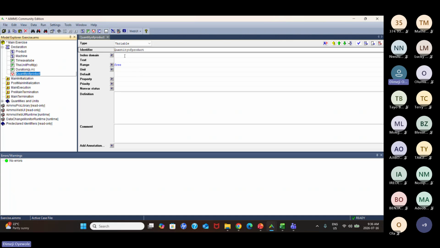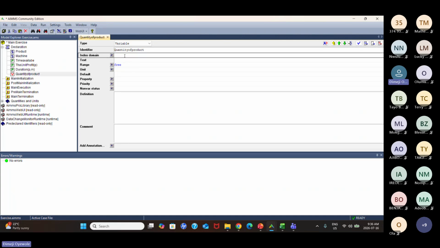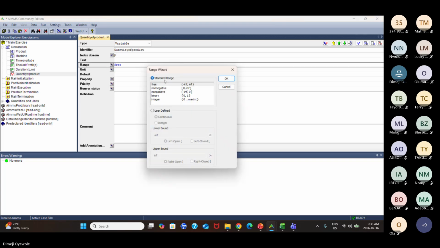So here, the quantity of products is in P domain. So we put P there. And what kind of data is it? Is it free? Is it non-negative? Is it non-positive? Is it binary? Is it integer? Whatever it is, you have to put it. So it is non-negative. It is here, this.